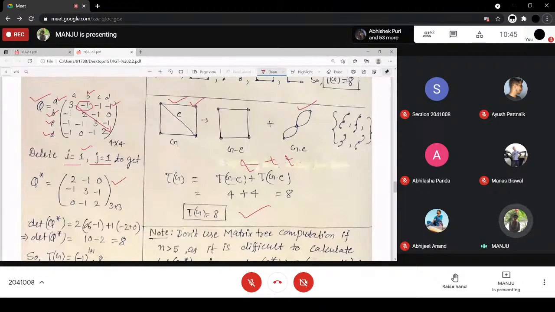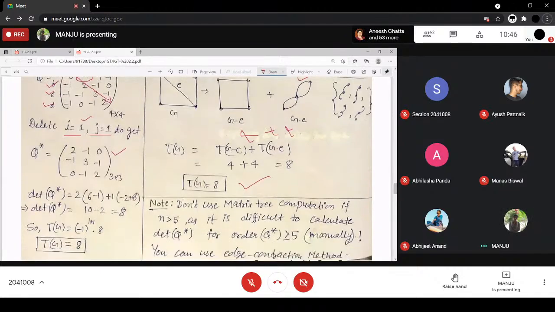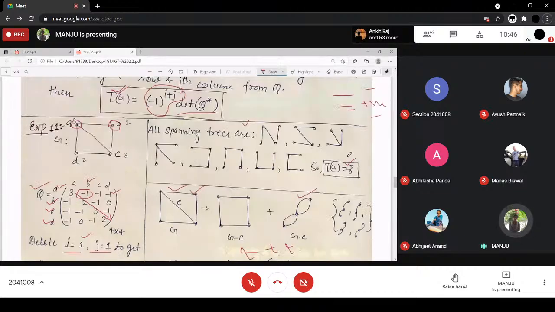Now the determinant of Q star, and minus 1 raised to the power will be even, so nothing changed. Finally, the determinant of this matrix is 8. Clear? So finally, again you are getting 8. 8 by this one, 8 by this one, and 8 total number of spanning trees we have completed.